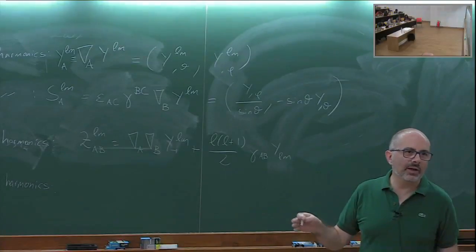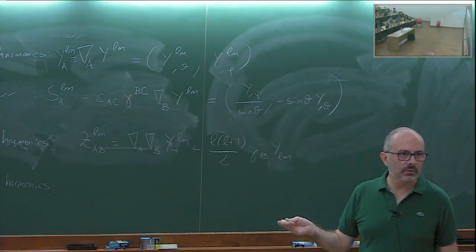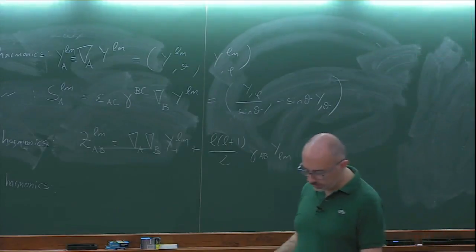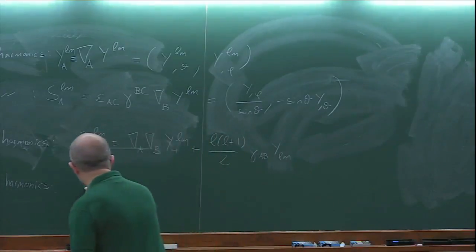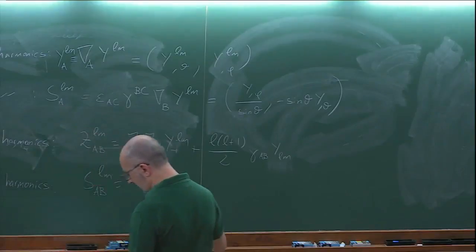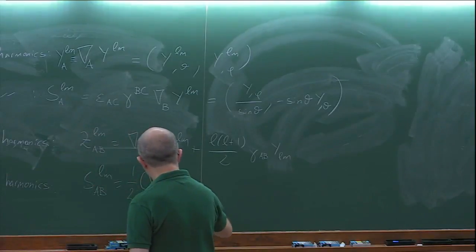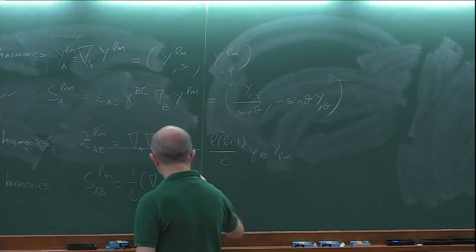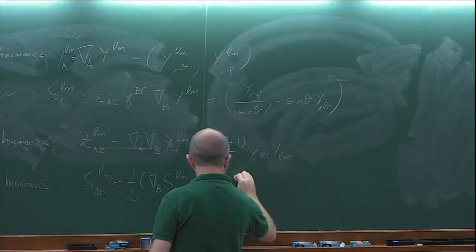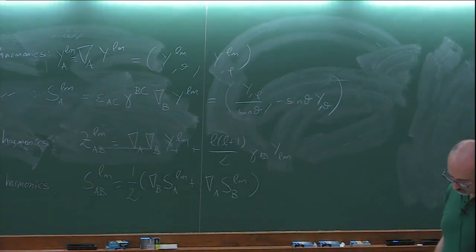You apply a covariant derivative to an axial vector, right? You need one Levi-Civita and you apply a nabla, and you also need to symmetrize, so you can construct this: S_AB^LM equals 1/2 (nabla_B S_A^LM plus nabla_A S_B^LM). Okay?